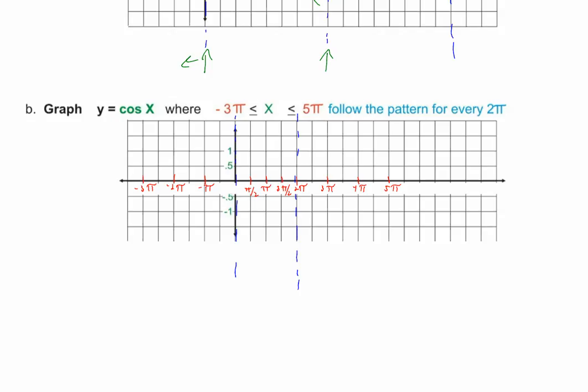How does the cosine start? At the max. So at 0, I go up to 1, I put my first green dot. At the first quarter mark, where's the cosine? Back to 0. At the halfway mark, what is the cosine? At the minimum, at negative 1.